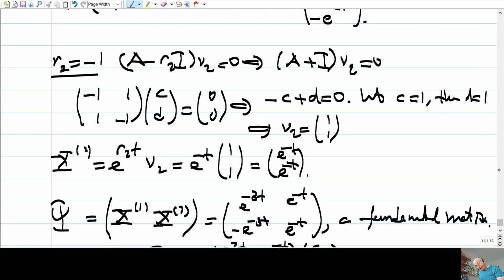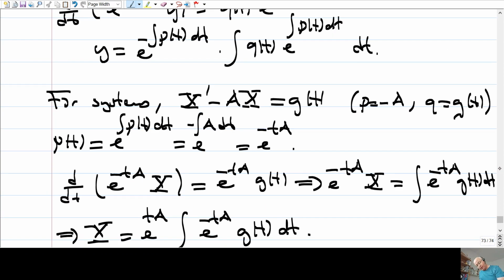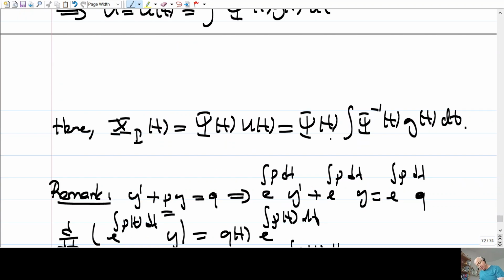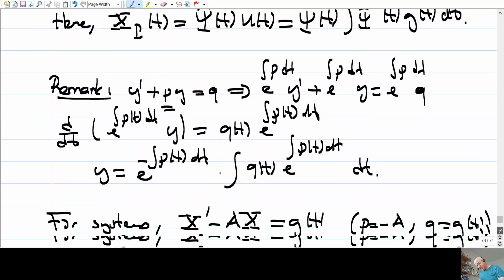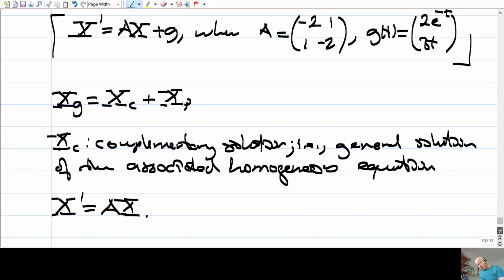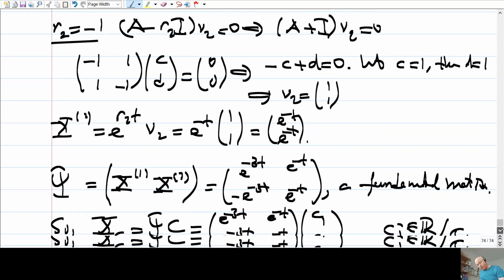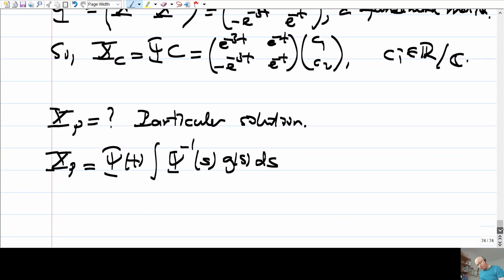Let's check whether we have copied it correctly. Yes, the fundamental matrix times the integral of the inverse of the fundamental matrix times g. But for this, I need the inverse of the fundamental matrix.